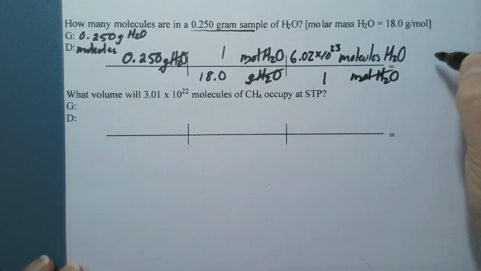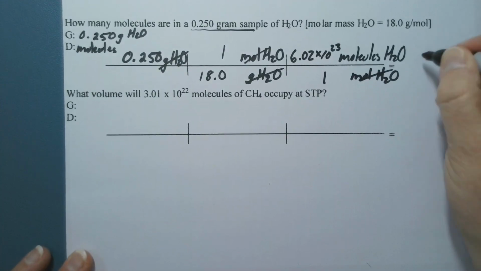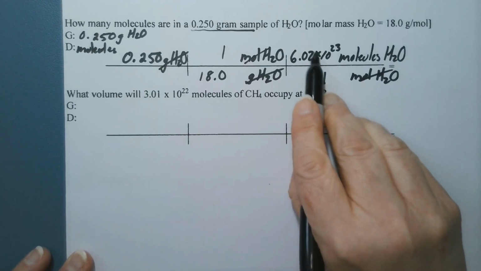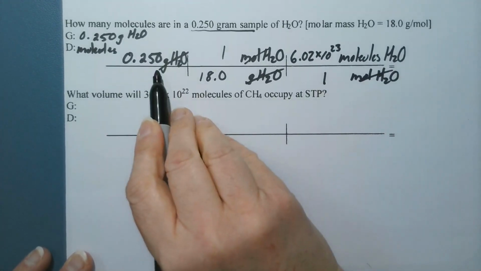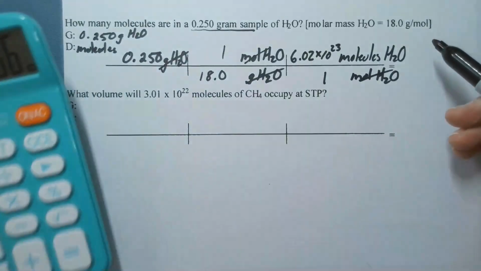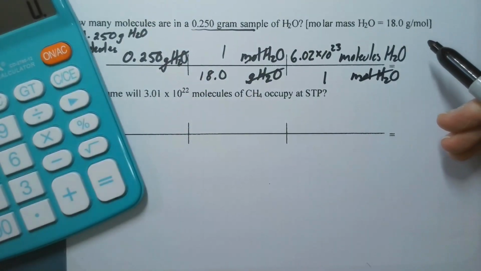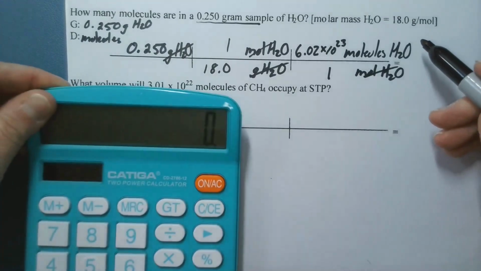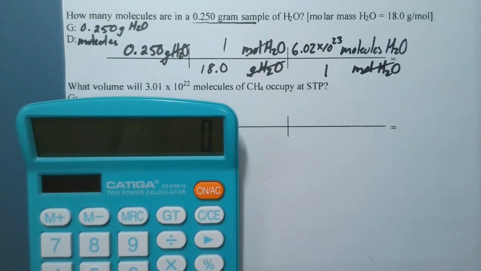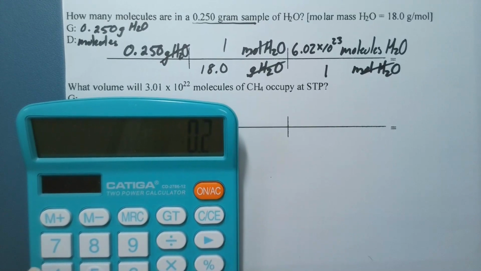So what we're going to do is we're going to take just what's in the front here and multiply those. We're going to do the division of 18. Let's see. So we've got here 0.250 times 6.02.